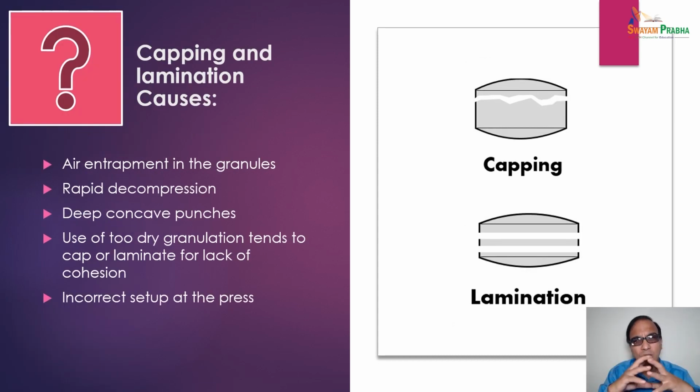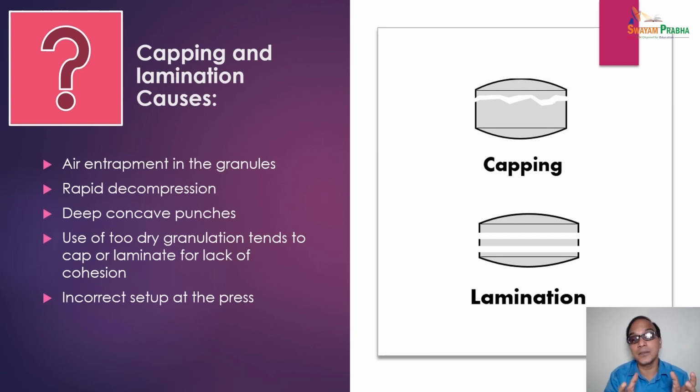Now, what is the cause of the capping and lamination issue? There may be air entrapment in granules. The air which is stuck between the two layers may separate these two layers or may separate the cap or bottom. Rapid decompression may also be responsible for causing capping and lamination.